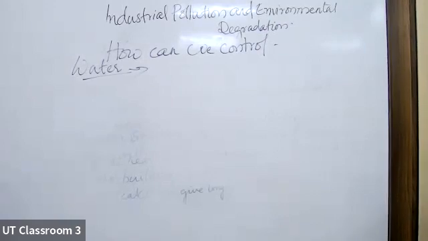But nowadays, the amount of pollution is so much that the rivers cannot clean themselves. That is why you have heard about the Ganga Action Plan or Yamuna Action Plan, which the government has introduced. So natural cleansing capacity.